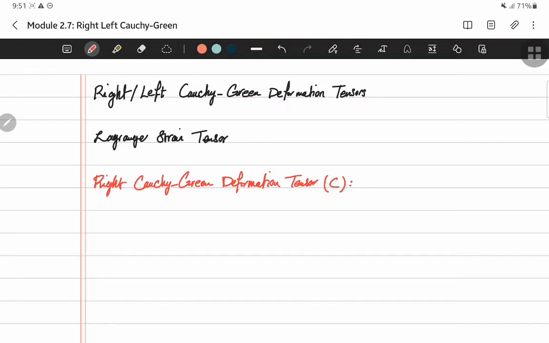Okay, so in this module, we're going to dip into the right and left Cauchy tensor as well as the Lagrange strain tensor.